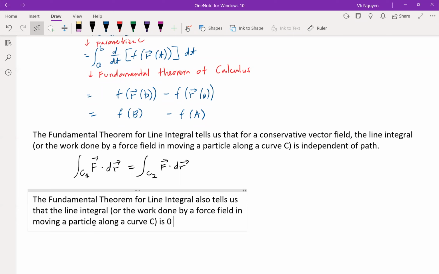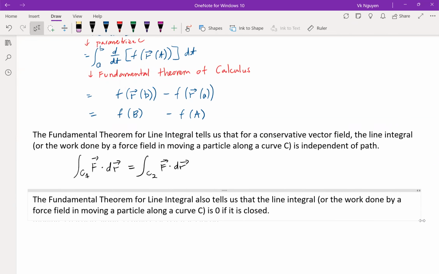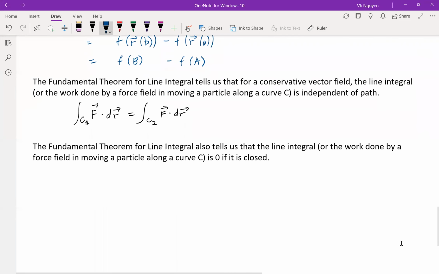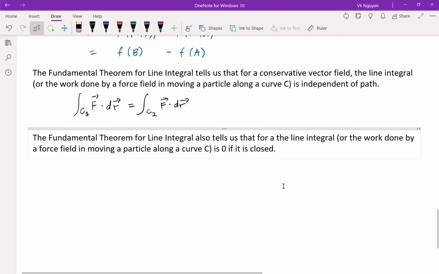If it's closed, make sure that this force field is a conservative vector field. It has to be a conservative vector field.